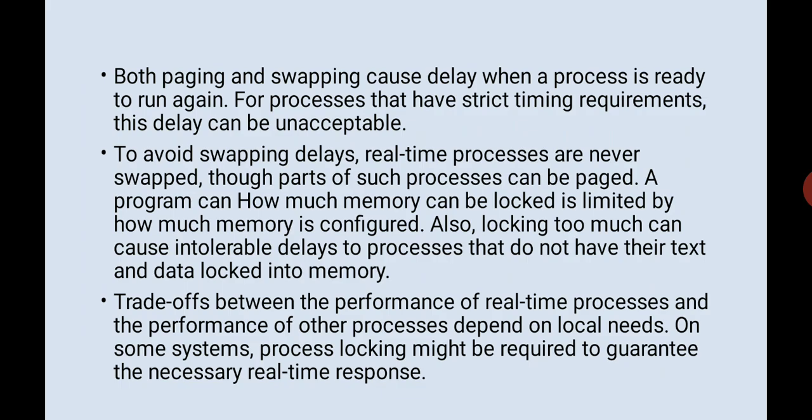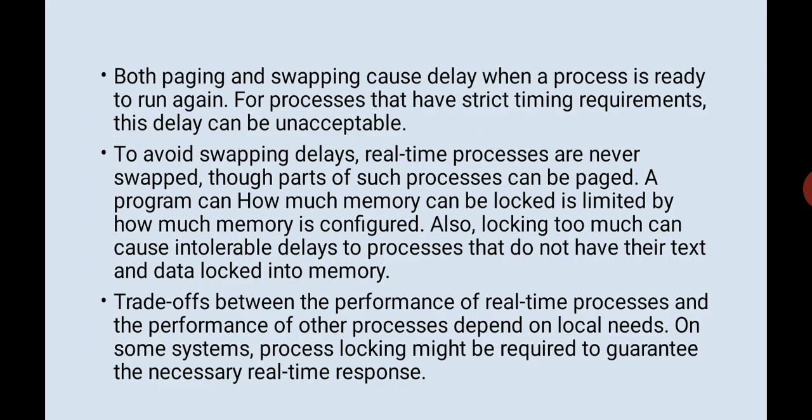On some systems, process locking might be required to guarantee the system's real-time response. So paging and swapping, you'll get this clear in our next lectures as we study more. For the meantime, you can just remember this in your mind.